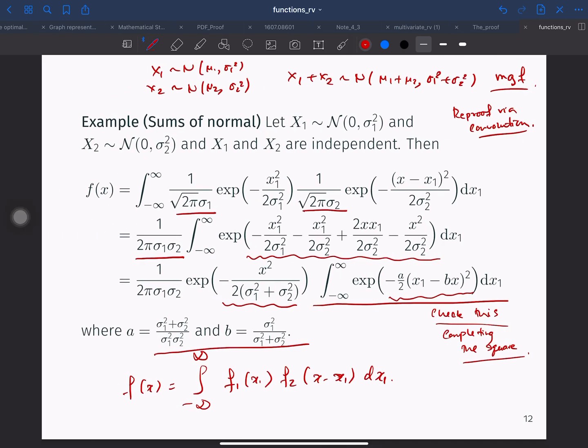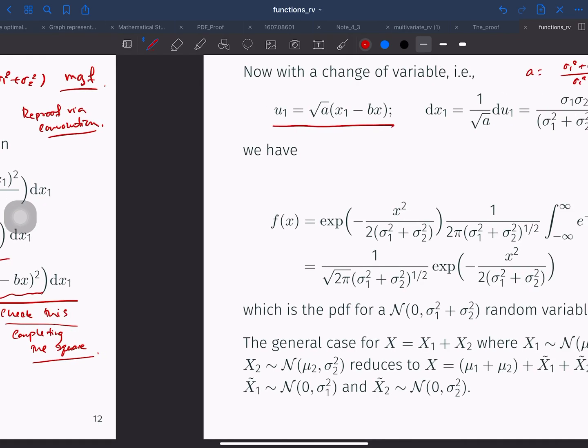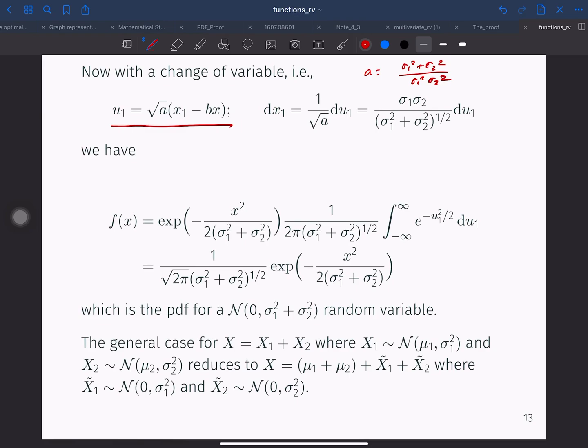That's what we have here. Using that change of variable, in which case x is assumed a constant, the derivative with respect to x1 is the same as with respect to u1, times 1 over square root of a. So you simplify this one out.